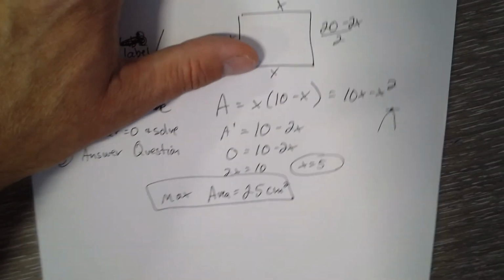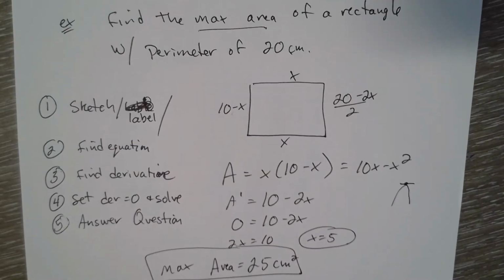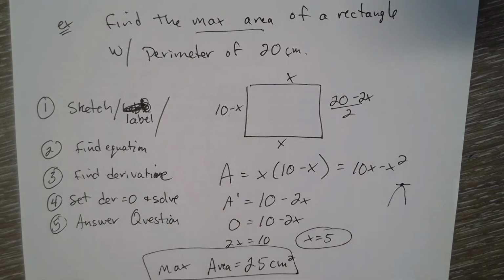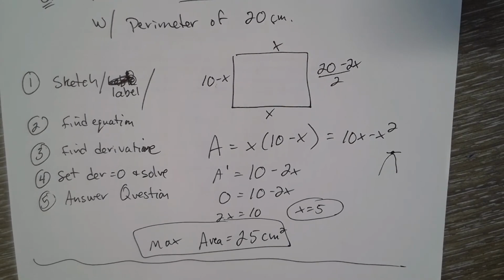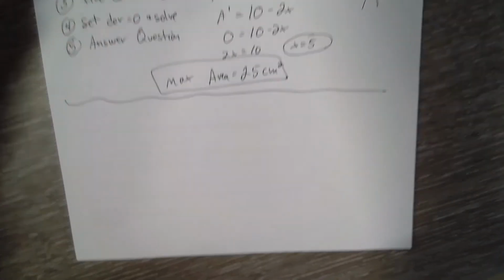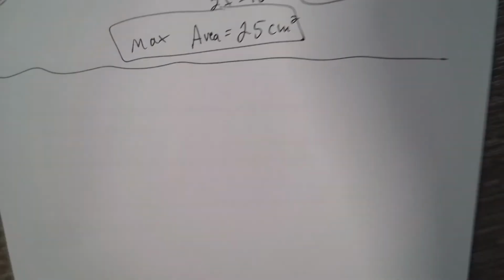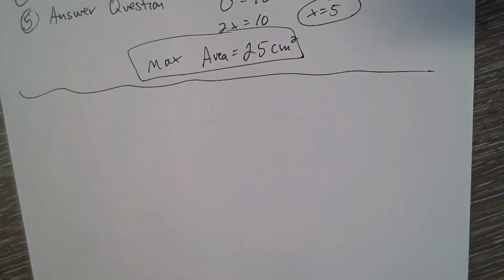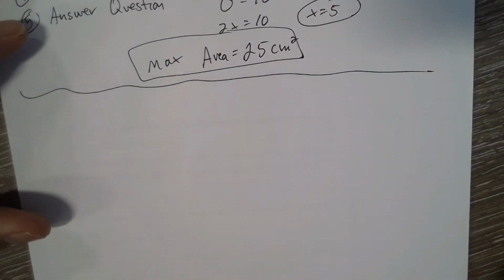Alright, so that's about as basic of a problem as you can do, but the process is the same. I made it in 5 steps. So let's do another one. One thing about this section, every problem is different than the last one, which is fun and exciting, but it also doesn't make it all that easy.